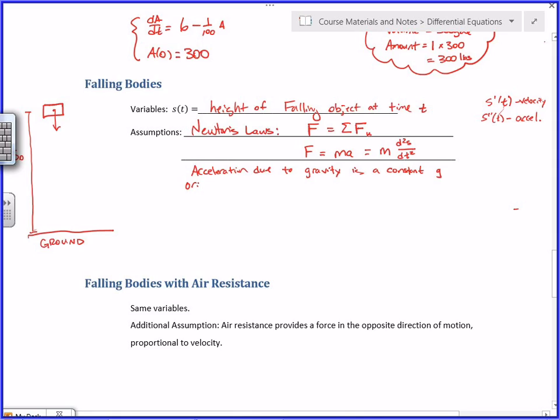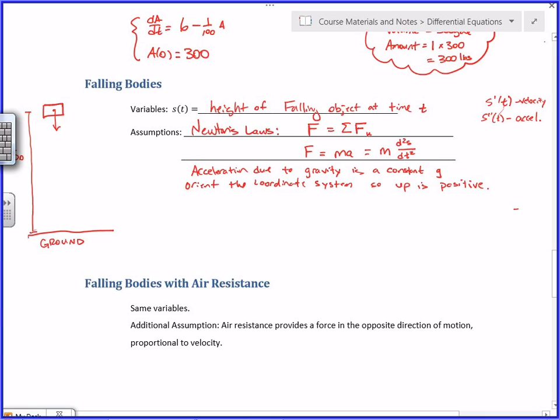Let's orient the coordinate system so up is positive. And when I do the falling bodies with air resistance, I'm going to make the same assumption.